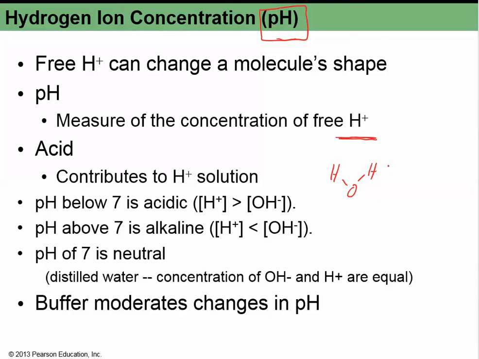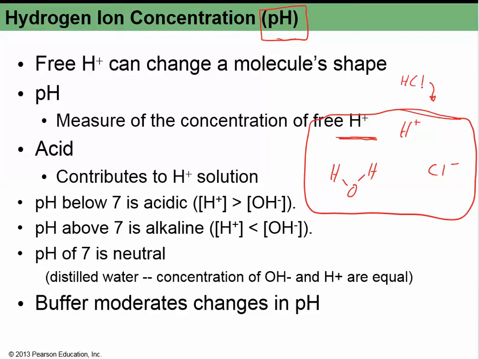If we have excess hydrogen, so if we put a hydrogen ion in there, let's say we add HCl, what's going to happen is that chloride is going to be pulled away. Okay, so if we add HCl to a solution, we'll say this is in a beaker of some sort. When we add hydrochloric acid to a solution, that chloride is going to be pulled away.